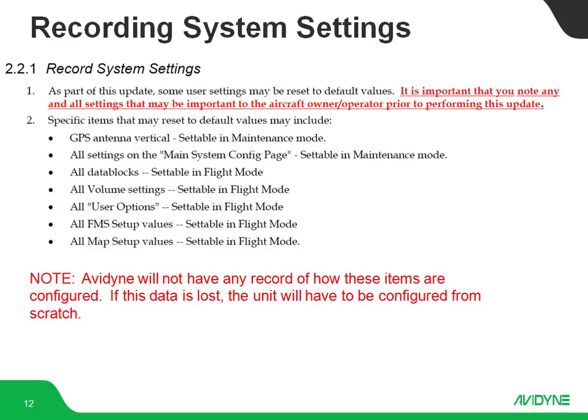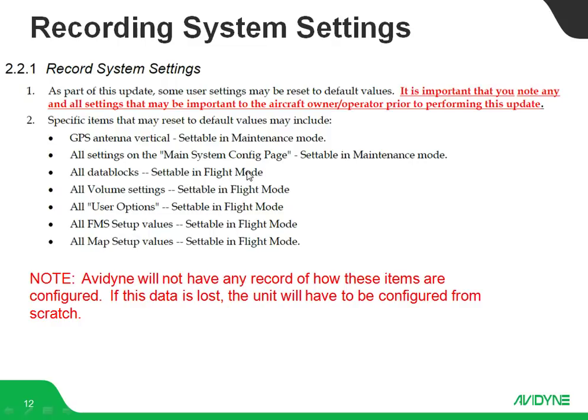Again, just to reiterate, some of the things that we may lose if something goes sideways during this software update are your GPS antenna settings, all of your main system config page settings, so all of your maintenance mode stuff, all of your port settings, your data blocks, your volume settings, user options, FMS setup values, map setup values.